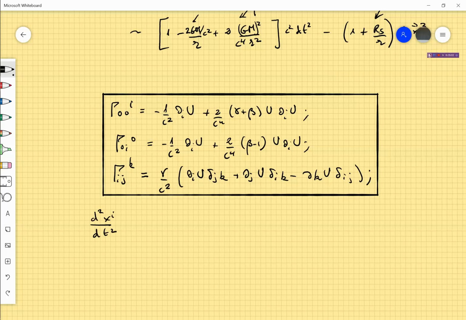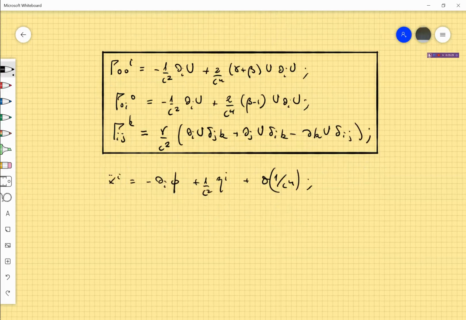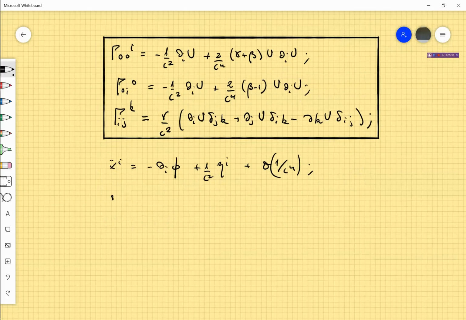This was an expansion that depended on gammas and velocities, and the result is that in the end, x double dot i is minus the Newtonian term plus 1 over c squared this correction, exactly what we wrote in the general relativity case, but now eta i contains these terms.